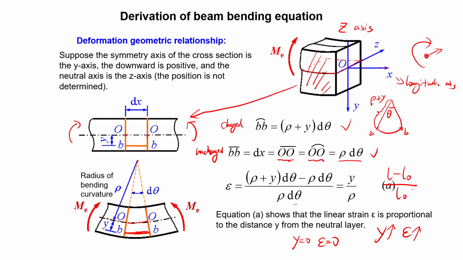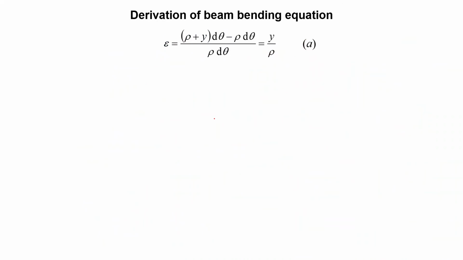Right. Let's keep going. We now get this equation A, and we take this equation, and now we want to calculate the stress. So you will think, now I have the strain, how to get the stress? Suppose the beam modulus is known, the material is known, you use a steel to make it.